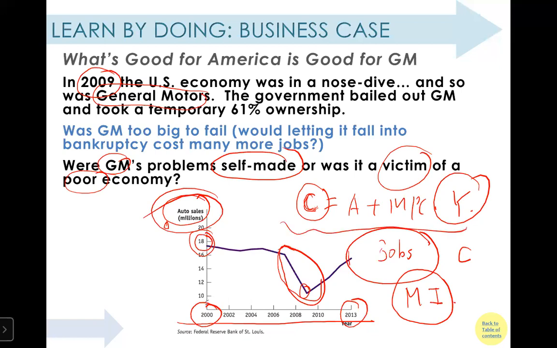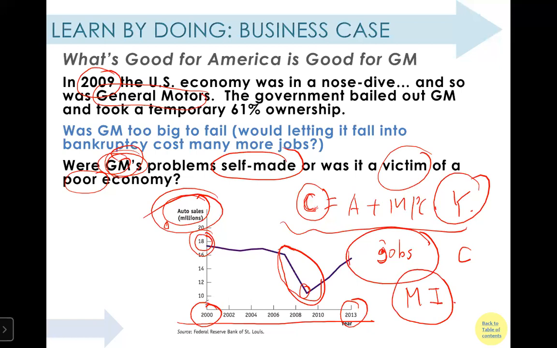Because GM was saved and the jobs were saved, the households were able to restore their consumption. And if households restore their consumption, that's going to chain through, so that's going to save the rest of the economy. That's why unemployment recovered faster in Michigan compared to other states that weren't bailed out. Okay, so that is this chapter.